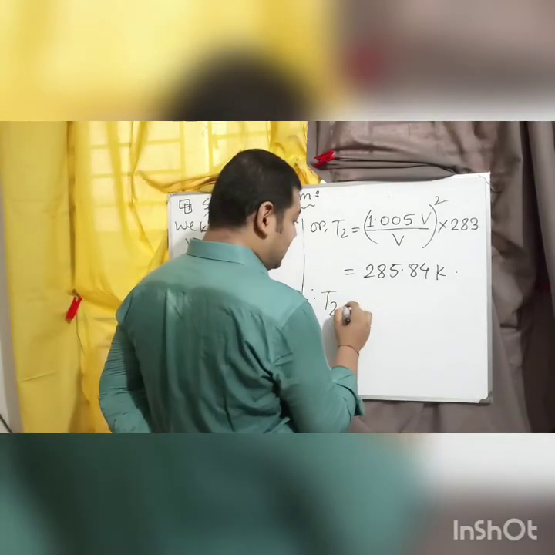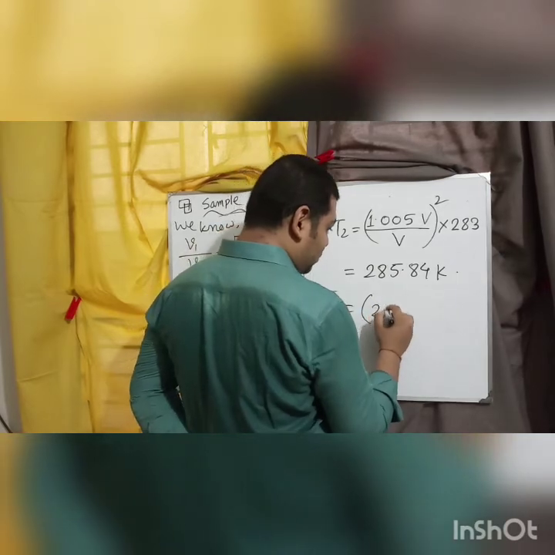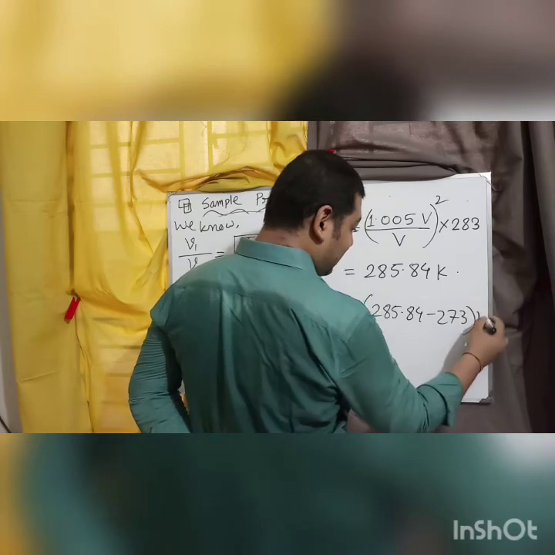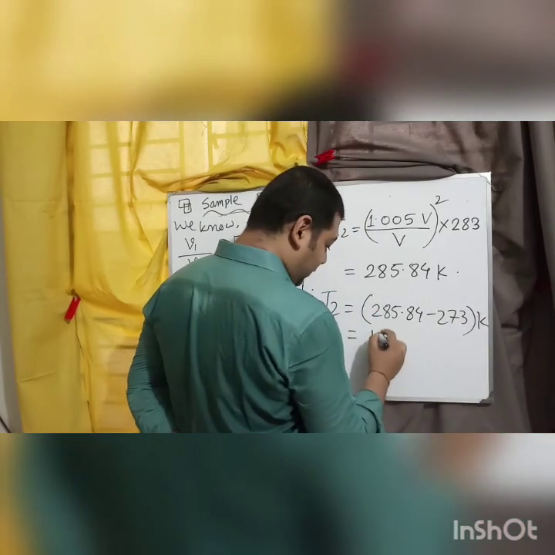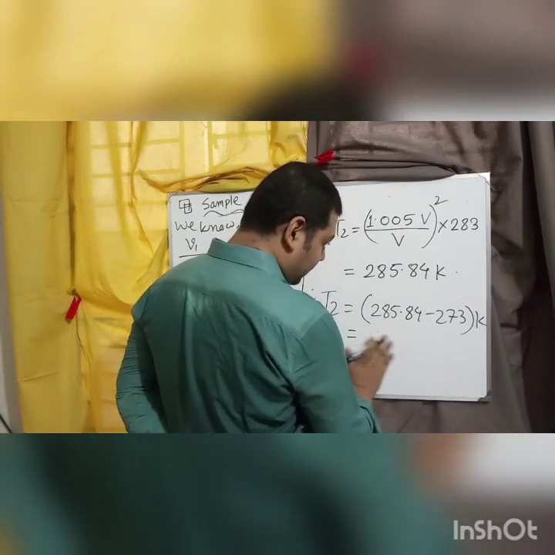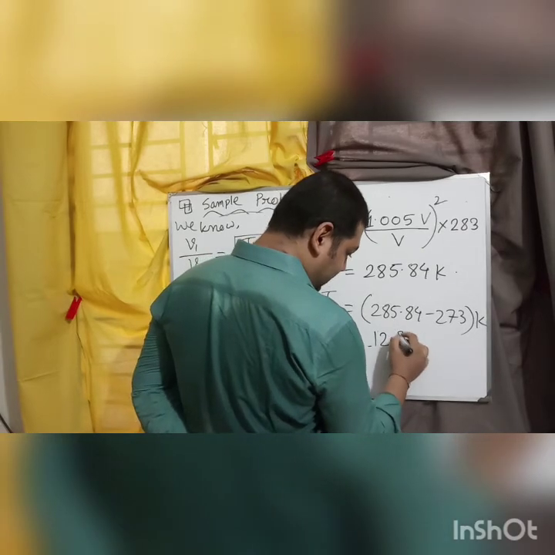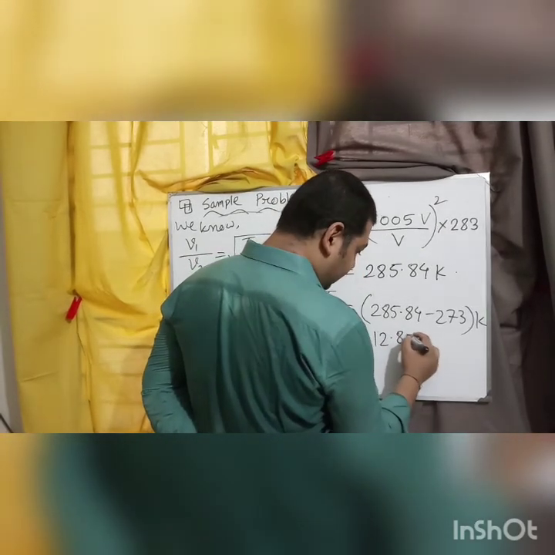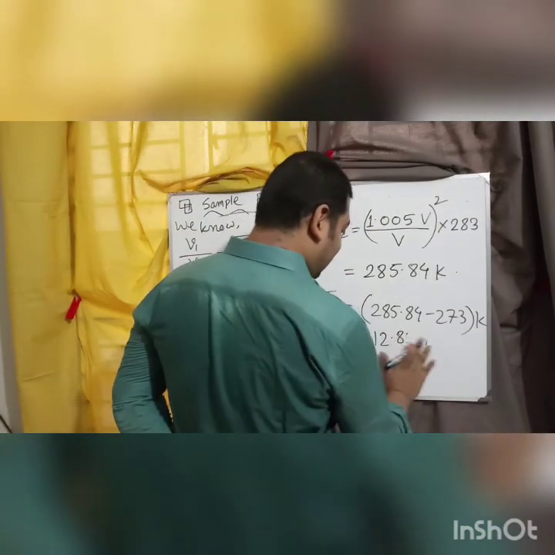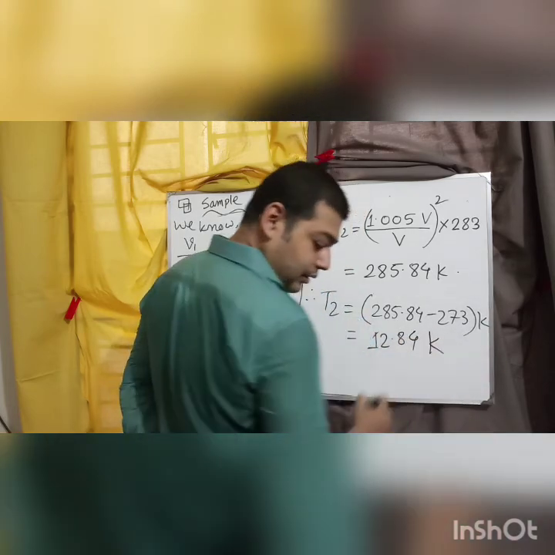So T2 equal to 285.84 minus 273. Our answer is 12.84.